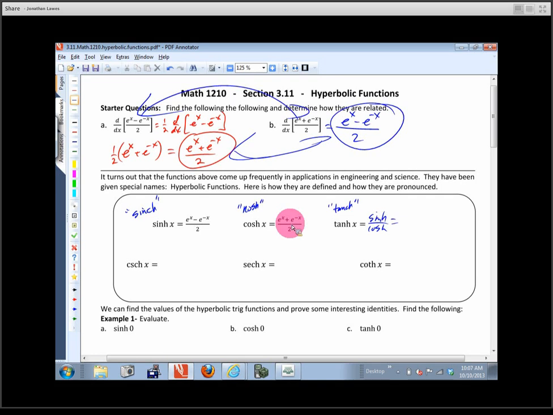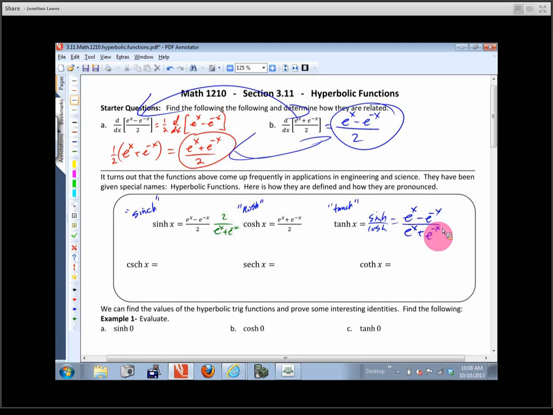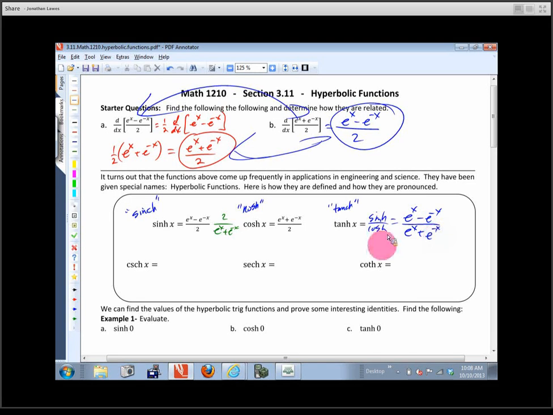No, I'd flip this one over and I multiply. If I flip that one over and I multiply it, I'd put a 2 on the top, e to the x plus e to the negative x on the bottom. The 2's are going to cancel. So here's how we could define this in terms of exponentials. It's going to be e to the x minus e to the negative x over e to the x plus e to the negative x. Okay? But it's the sinh over the cosh.